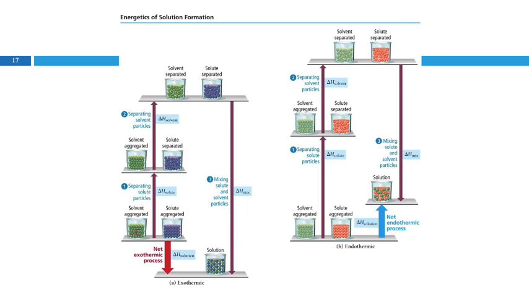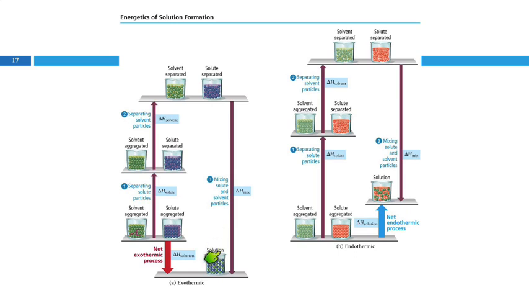And this is one of those Born-Haber cycles. Here we've got the solute particles and the solvent particles aggregated, meaning they're together. We put energy in to separate the solute particles. We put energy in to separate the solvent particles. And then when we let them mix, it releases energy.